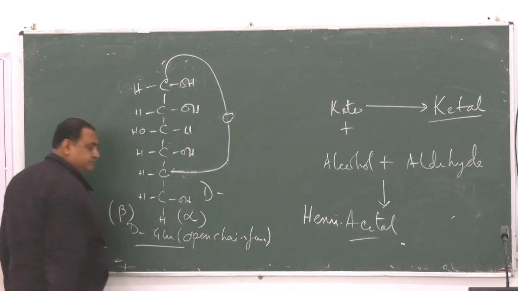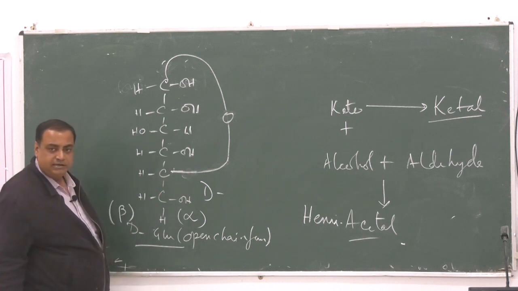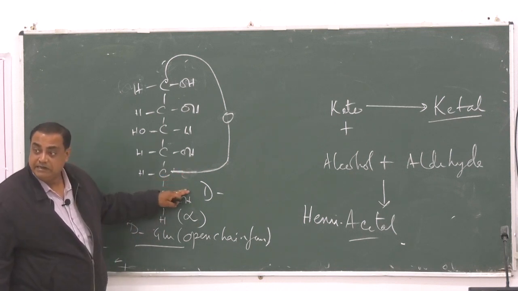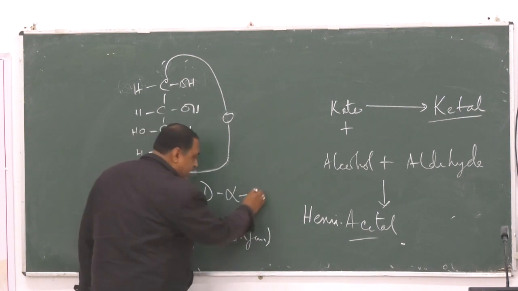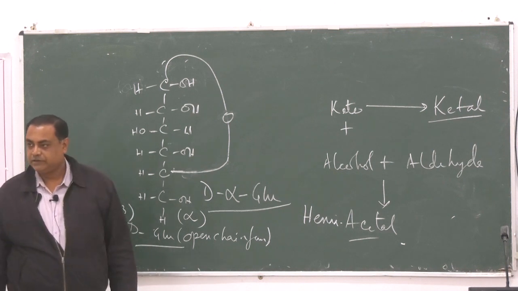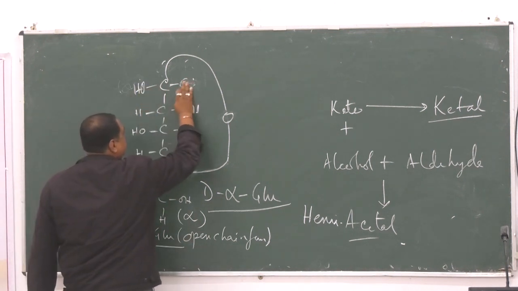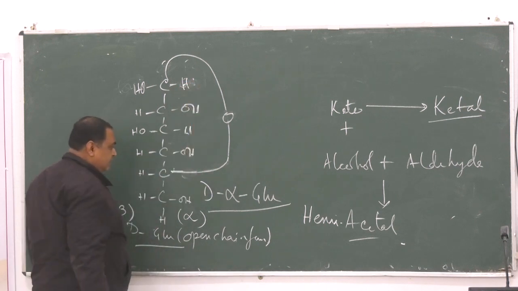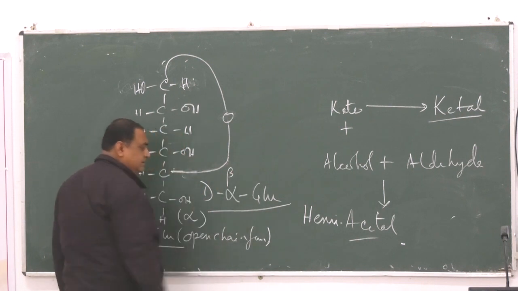D. When we draw this ring right hand side, now it is D and alpha, and then comes glucose. Followed? If OH comes here, H here, then what is changed? Only this is changed.